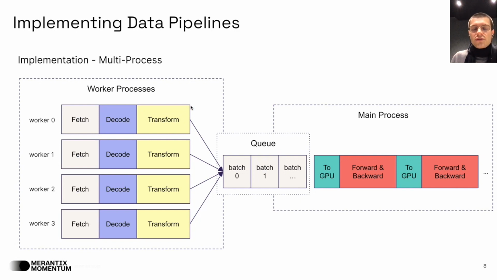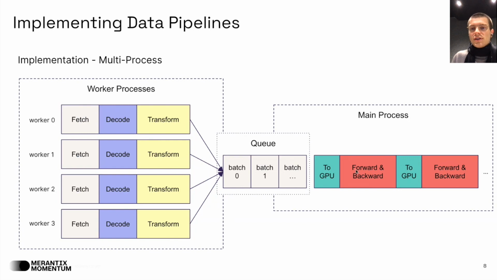But the benefit of all this now is that you would have a queue that can be filled with the data on the fly that comes out of these worker processes. And then all the GPU needs to do in the main process is take these batches that are ready for ingestion, fetch them onto the GPU, and just compute its forward and backward passes.